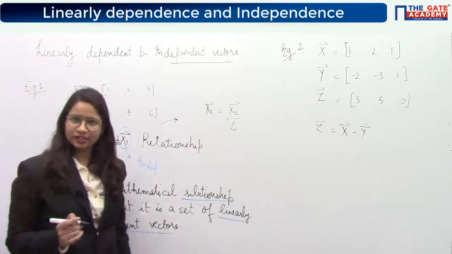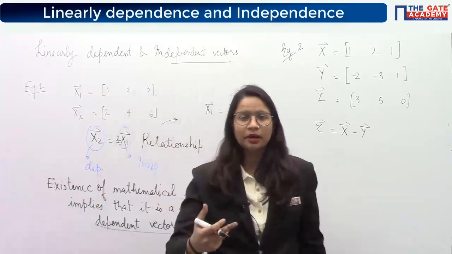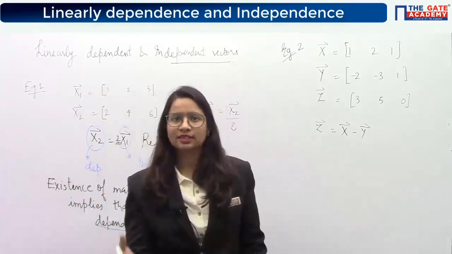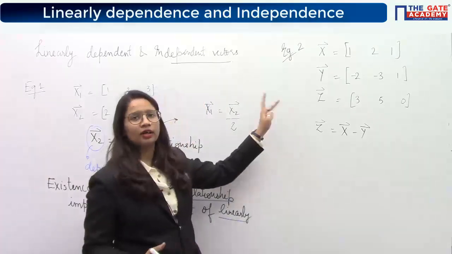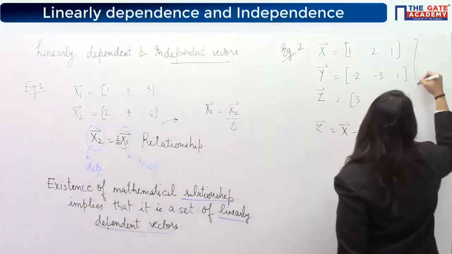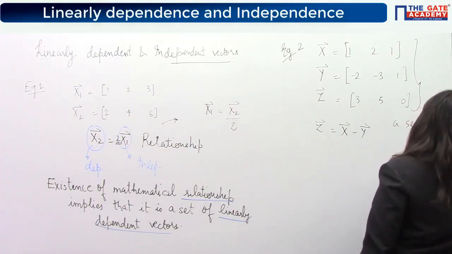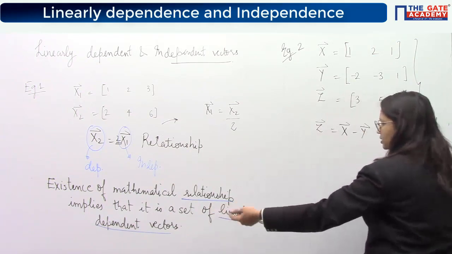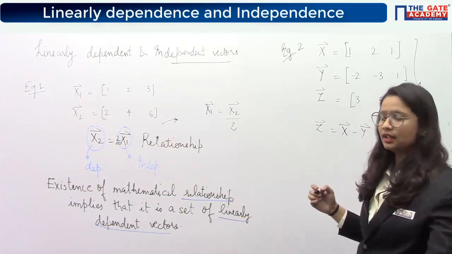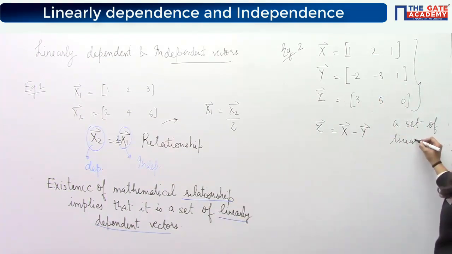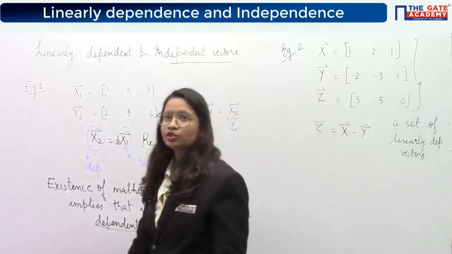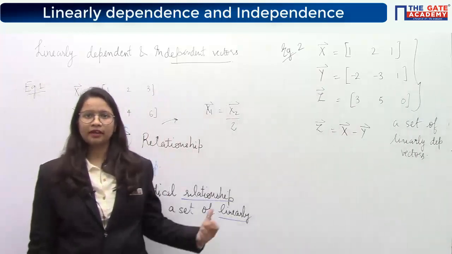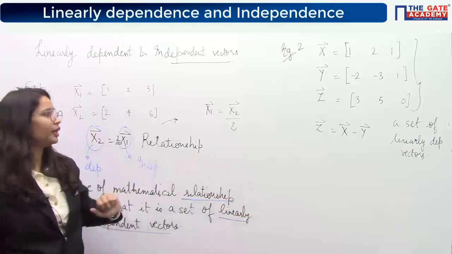You found the relationship, and relationship implies dependency. So these are a set of linearly dependent vectors. Same conclusion here: existence of a mathematical relationship implies that it is a set of linearly dependent vectors. So no doubt in that, now you can easily compare any set of vectors to find the relationship.